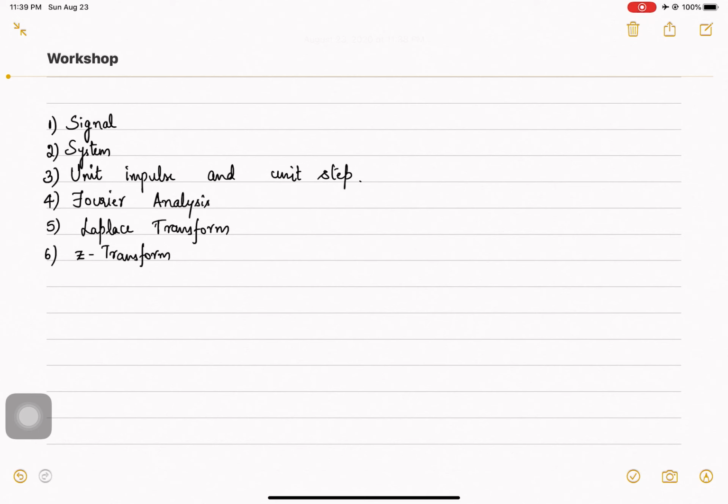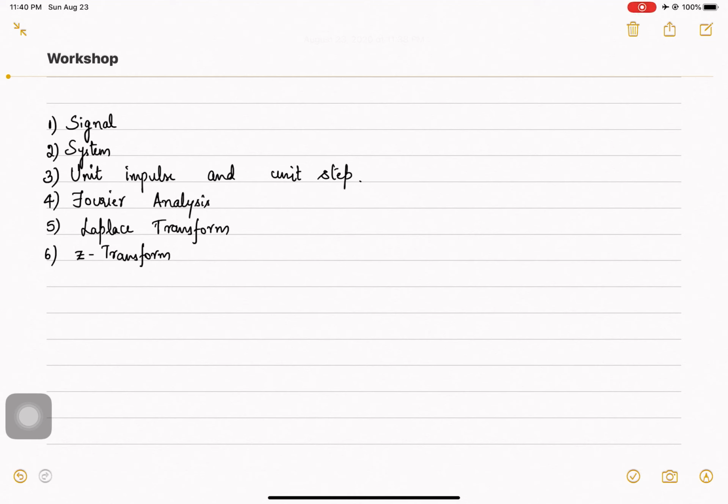For example, the sound waves that you produce when you talk is nothing but an acoustic signal. The variations in pressure will be perceived by your ear, and that's what you hear.